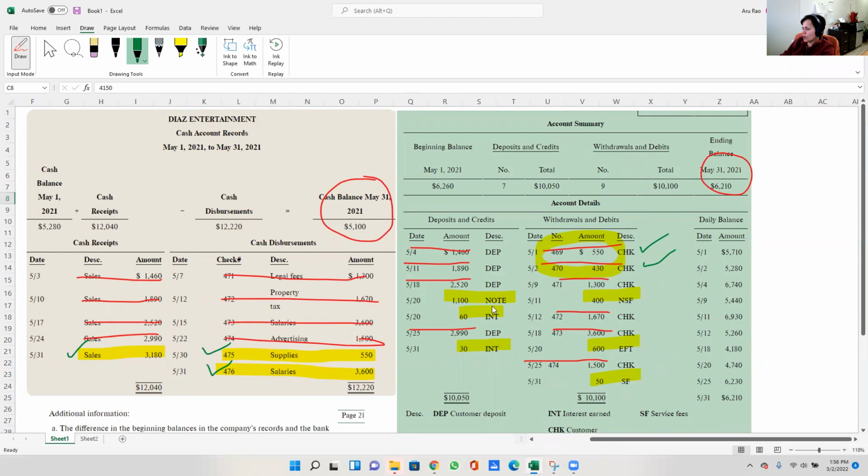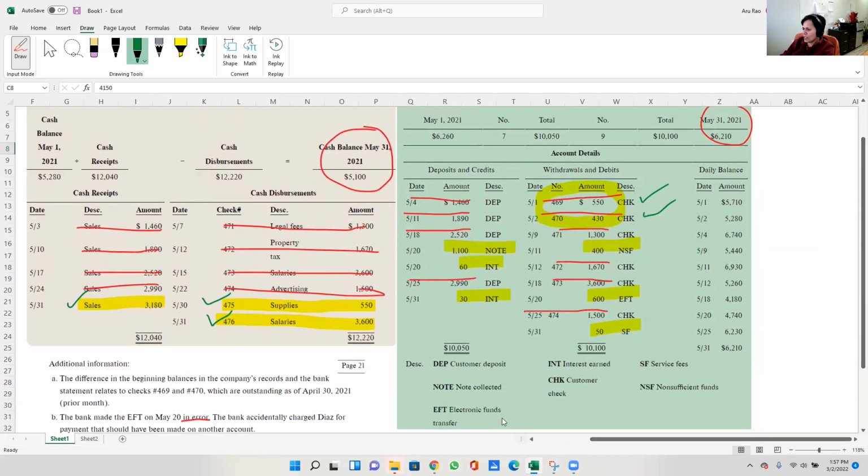So when money was due to us, that money was collected. We got interest of $60, and this is also interest of $60. And just in case you're wondering how I know what those acronyms stand for, you will see it's here at the bottom: INT is interest earned, and NOTE is note collected.